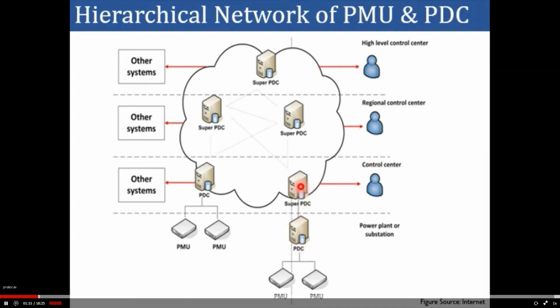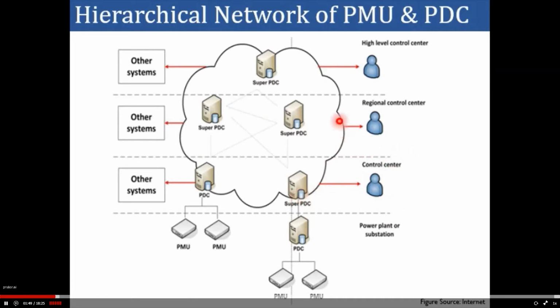After the PDC, we might also have a super PDC, which can take data from multiple PDCs and again time align and filter the data for further processing. We can assume that this PDC may be residing in one substation, and then the super PDC may be at the SLDC control center.